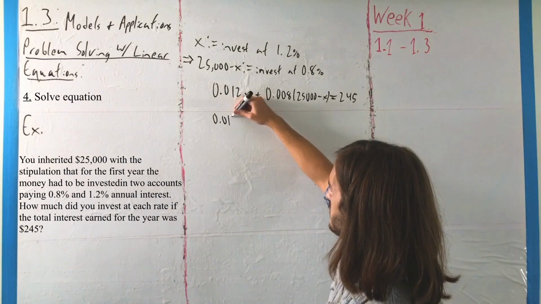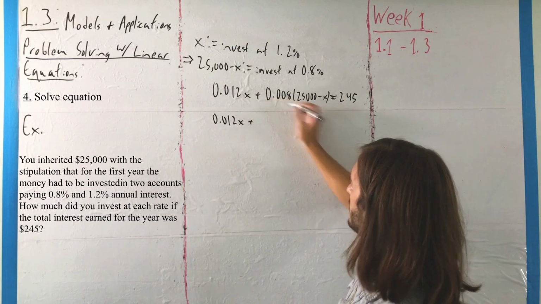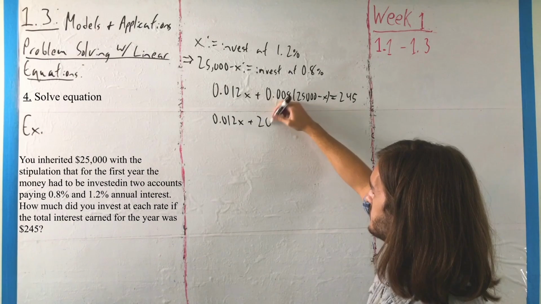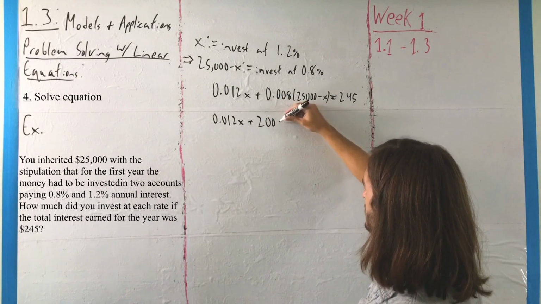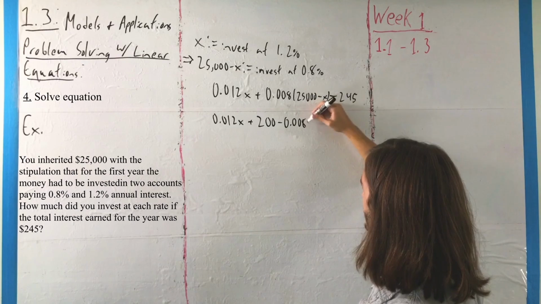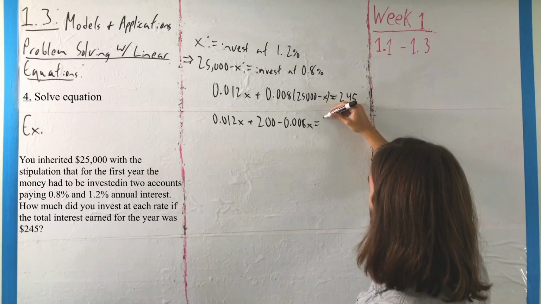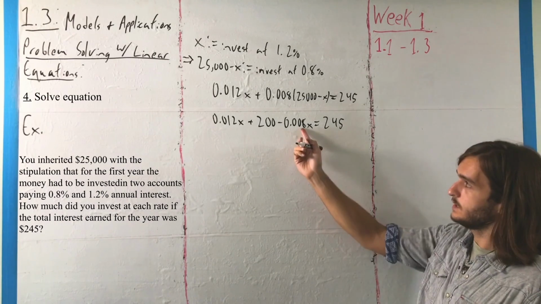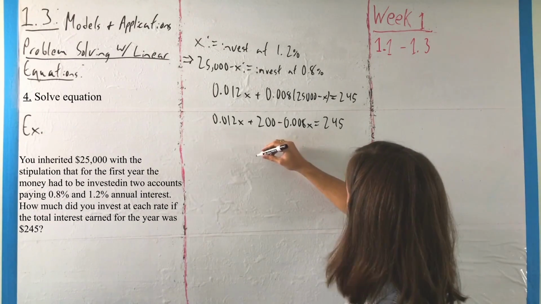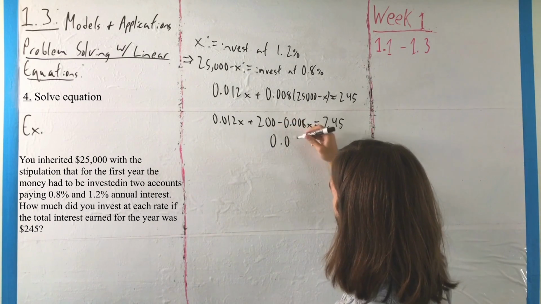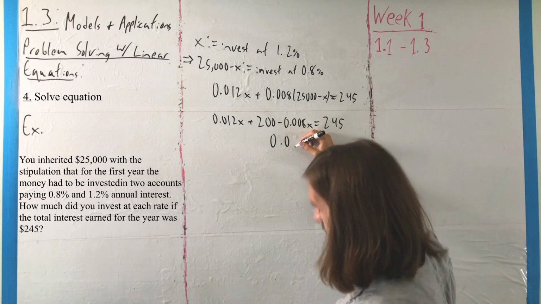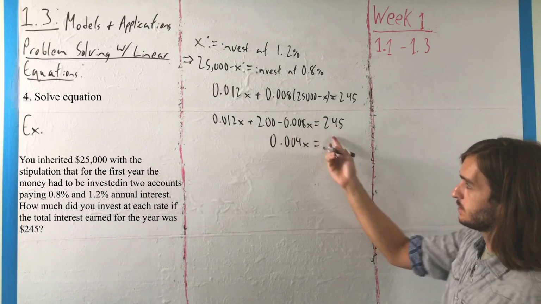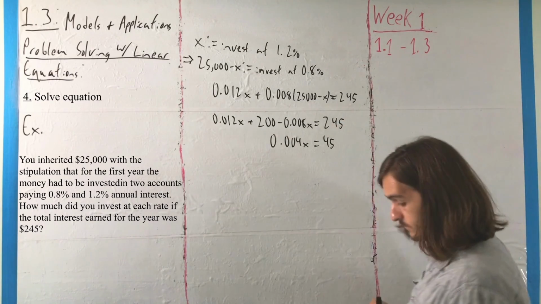So we'll have 0.012x. I'll multiply in that 0.8% for that 25,000. That will narrow itself down to 200. There, we'll have 0.008x, that's equal to 245. Now we're going to start sticking together our like terms, bring over that value, and what we will have left is 0.004x, and on this side, subtract 200, we're left with 45.